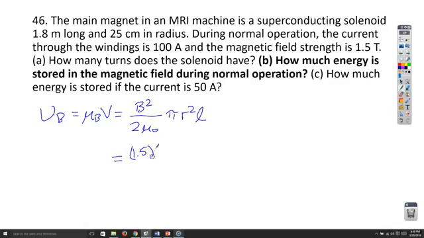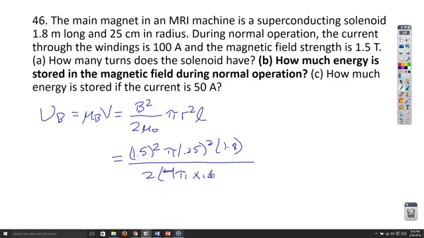This is 1.5 Teslas squared times pi times 0.25 meters squared times 1.8 meters. And we're going to divide that by 2 times our constant, 4 pi times 10 to the negative 7th. If you do all of that, you should get 320,000 joules. So that's how much energy is stored in that magnetic field during a normal MRI.